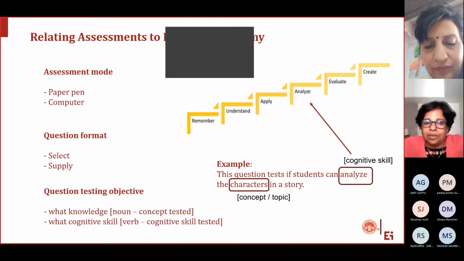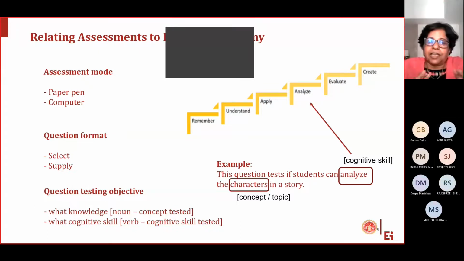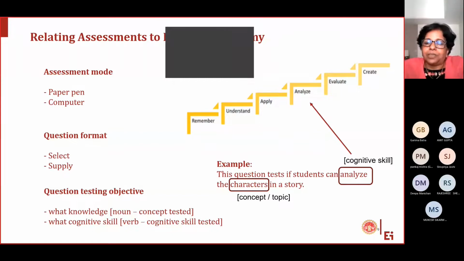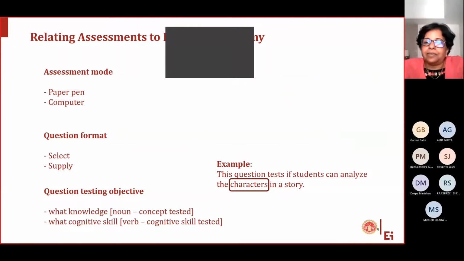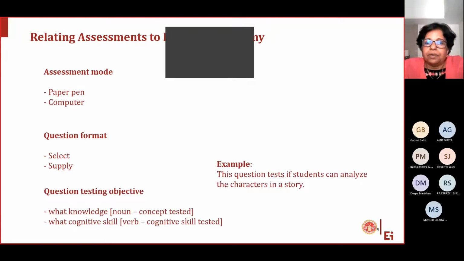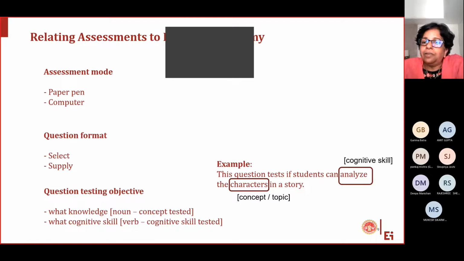Okay. So, did you understand the testing objective? Every testing objective should mention the concept that is being tested and the cognitive skill that is getting tested. For example, if you have a testing objective that says this question tests if students can analyze the characters in a story, the characters in a story will become the concept you will be testing, character analysis, and analyze is the cognitive skill that you will be testing.